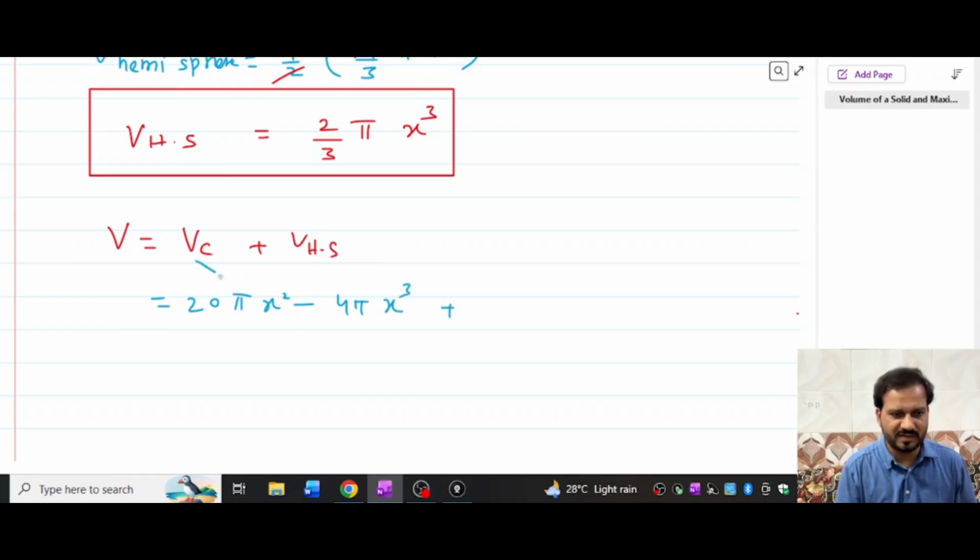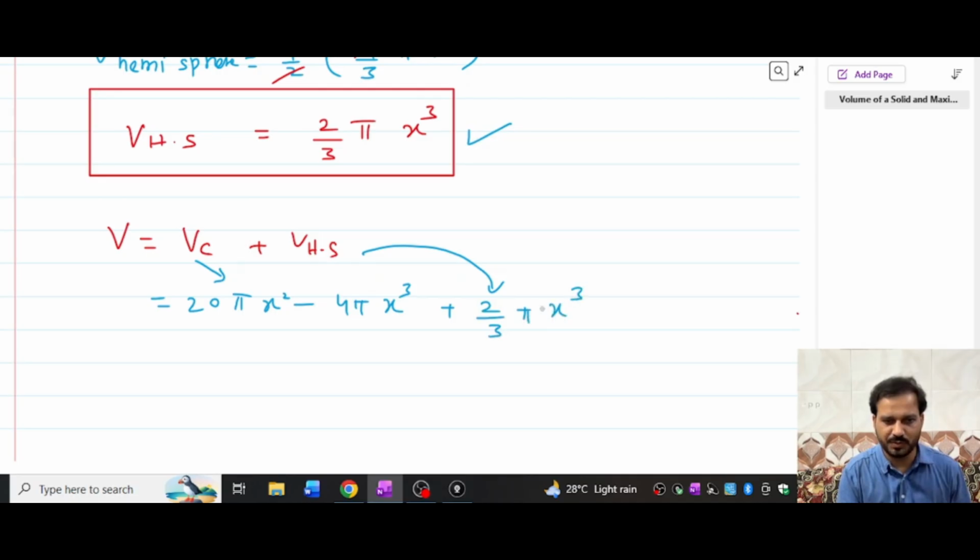This is the value of V_C. Now we'll write the value of V hemisphere, which is 2 over 3 times pi times x cubed. This is the volume of the solid. Now we'll simplify this expression. You can see that the last two terms are like terms. Both contain pi x cubed.